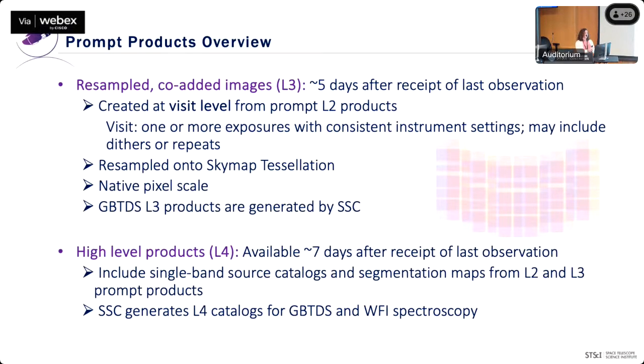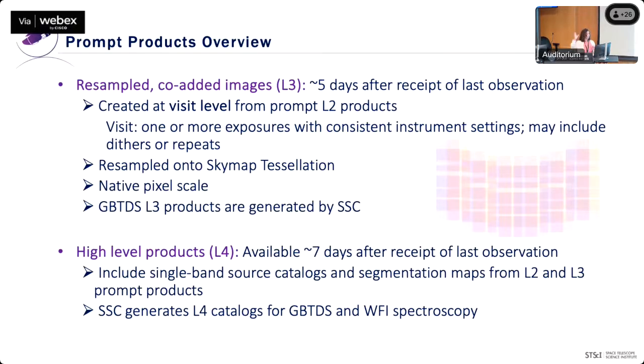We're also going to produce mosaics for the prompt products. They will be available about 5 days after we receive all the data that are needed to create them. And they will be created at the visit level, okay? Where a visit includes one or more exposures with consistent instrument settings, and they may include dithers or repeats, so they will be deeper than your individual exposure.